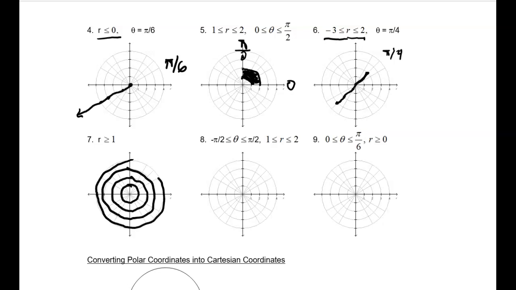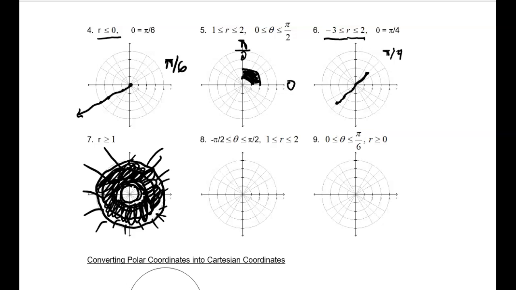But similar to some previous ones, we would also want one around 1.1, 1.5, 1.6, so that pretty much, if we want every r greater than or equal to 1, we basically end up with something that would get shaded forever and ever, something that would look like this. Basically, we just have a hole in the middle. Everything outside of that hole is going to be shaded. All right.